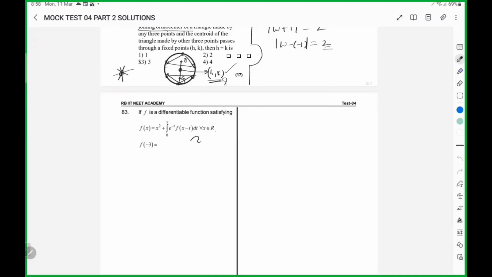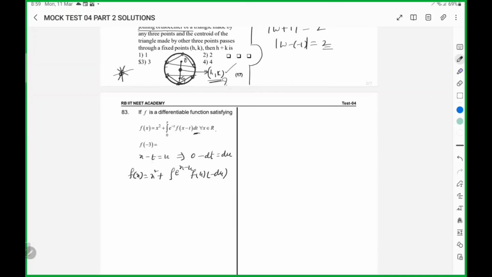Here x minus t, you assume it as u. So here it's changing with respect to t. So f of x is equal to x square. In place of t, x minus u, f of u, dt is minus du.